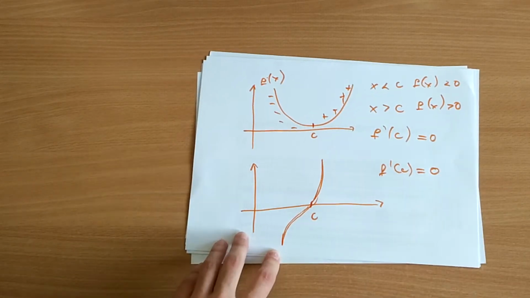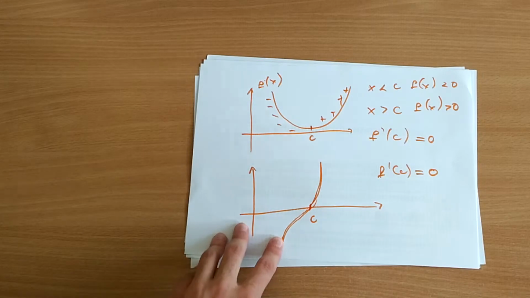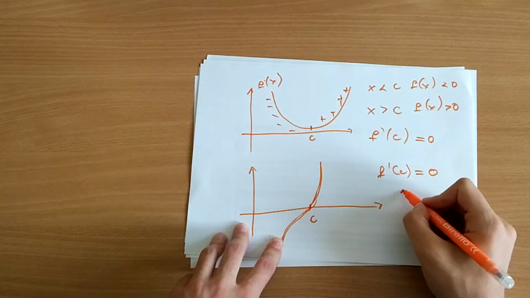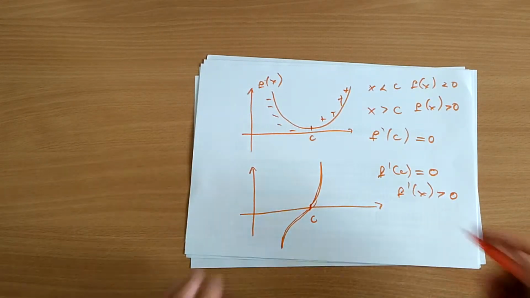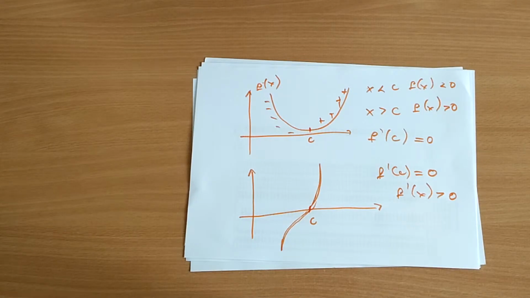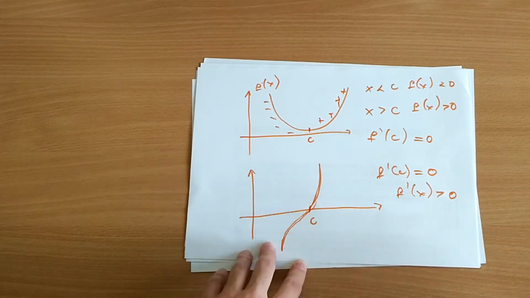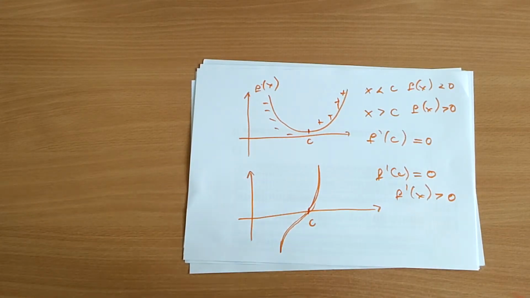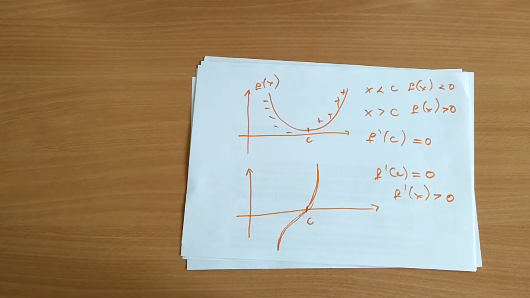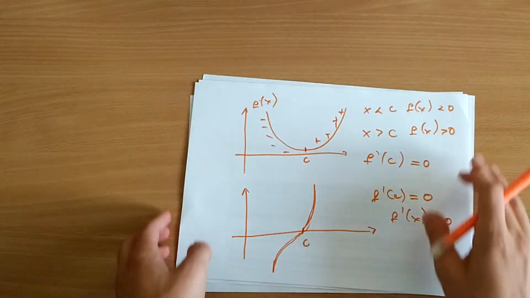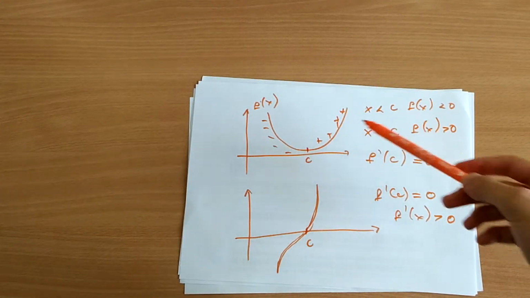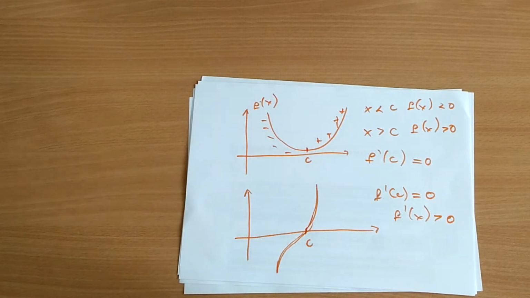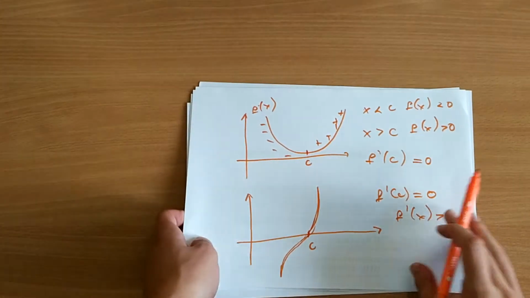The function is always increasing, and when a function is increasing, the derivative f prime of x is bigger than 0. So the derivative does not change its sign, and that's an indication that this is not a local minimum or maximum point, even though it is a critical point. The important thing to note here is that the derivative shows us when the function is increasing or decreasing, and it can be used to find local minimum or maximum points.